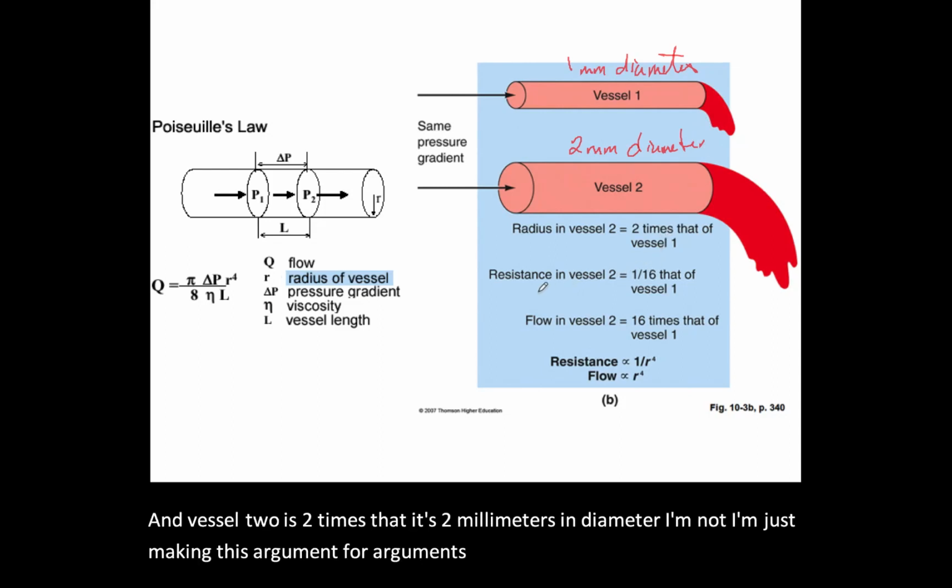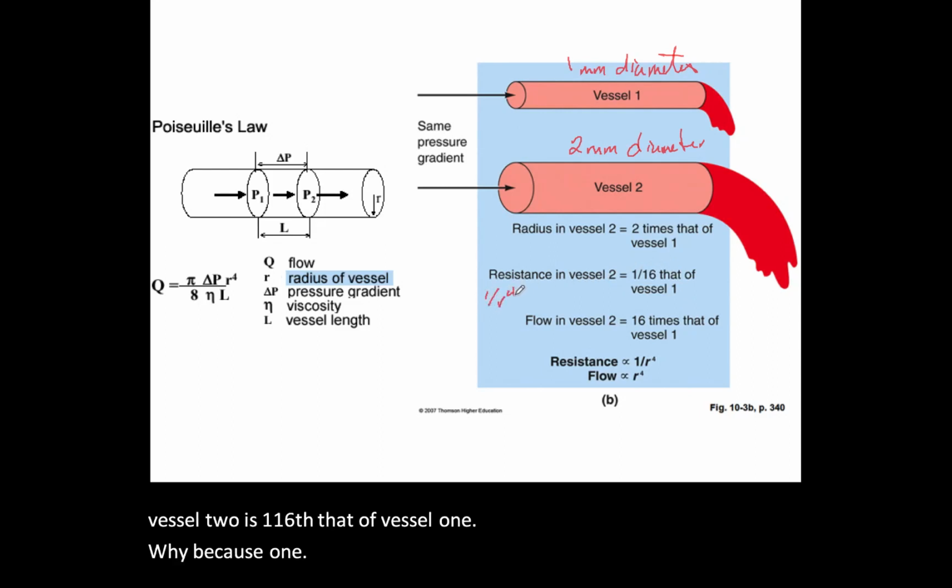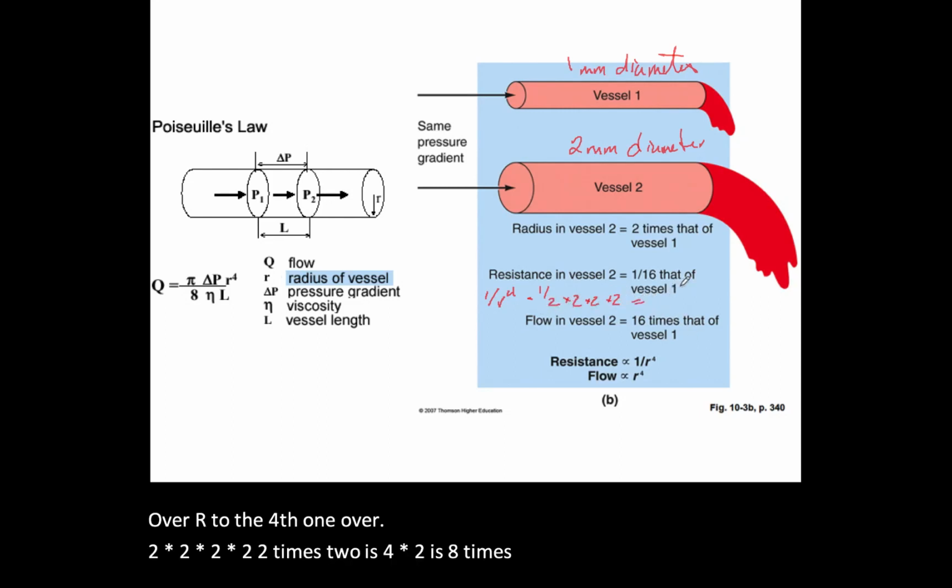So the resistance in vessel 2 is 1/16 that of vessel 1. Why? Because it's 1 over R to the fourth. 1 over 2 times 2 times 2 times 2. 2 times 2 is 4, times 2 is 8, times 2 is 16. And so this is 1/16.